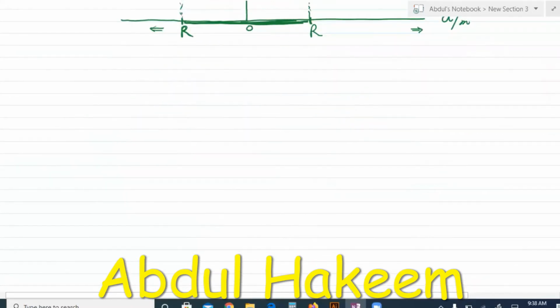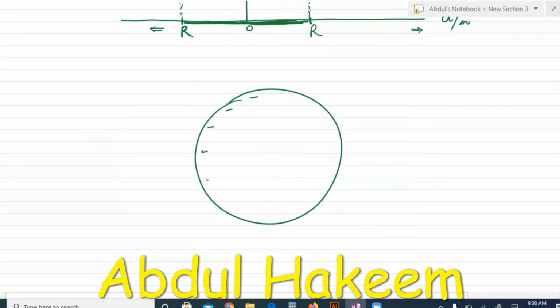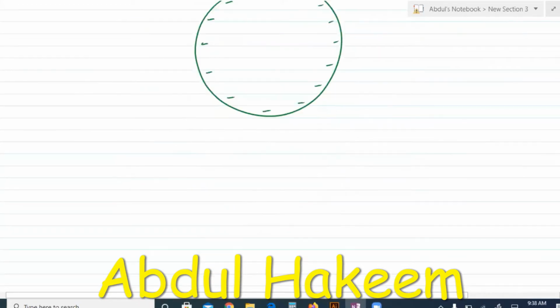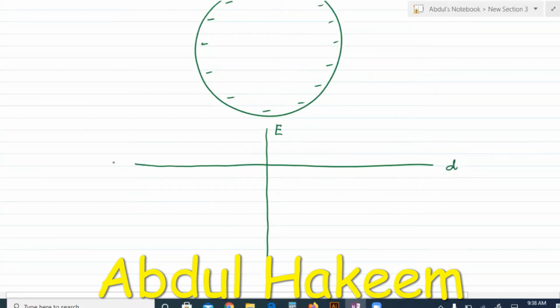Now suppose we have another charged sphere which is negatively charged. For this, we can draw it like this. It is a vector. This is d, a scalar.